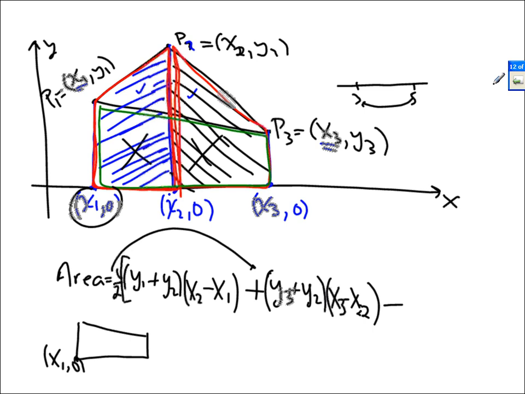Well, this one's more familiar with us. The bases, actually that's not true. So these two sides are parallel. Those are the bases. One of them is y1, plus the other one is 0 to y3 is y3, times the height, which happens to just be this, x3 minus x1. x3 minus x1.